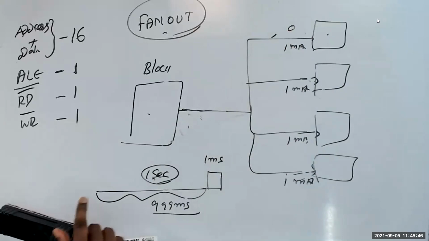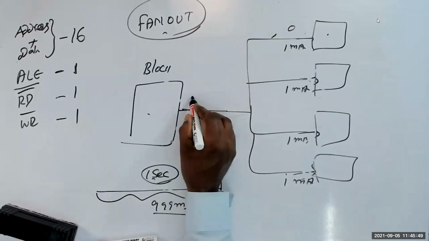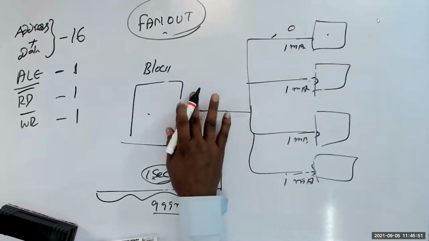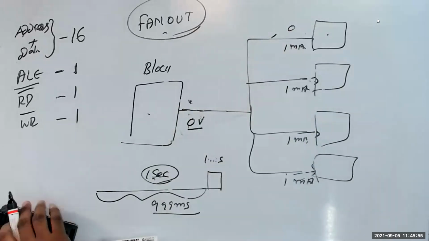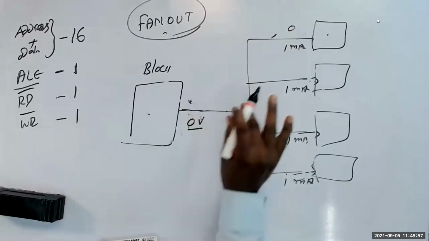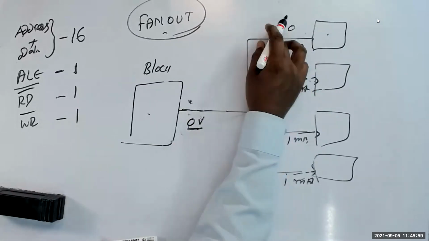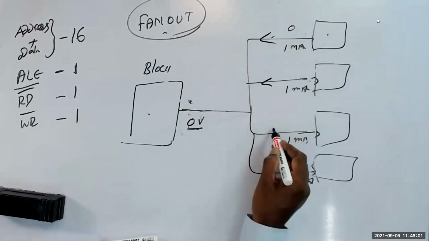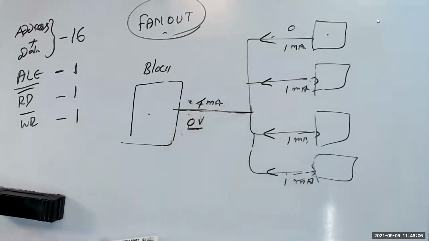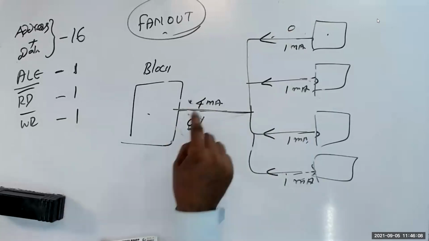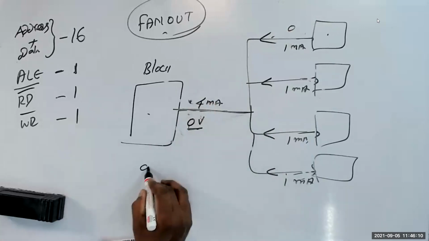So if I give active high, I make it normally 0 volt. When I give 0 voltage, there'll be current. So think here, normally I give 0 voltage. This gate is going to give 1 milliampere, 1 milliampere, 1 milliampere. I'll get 4 milliampere. How much time will I get the 4 milliampere? 999 milliseconds.